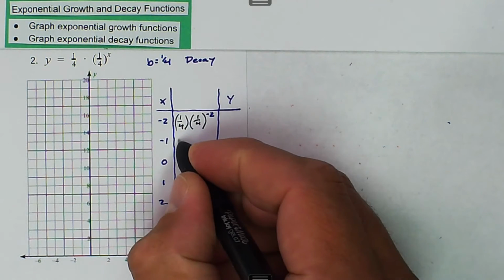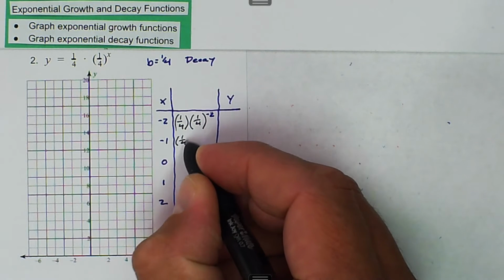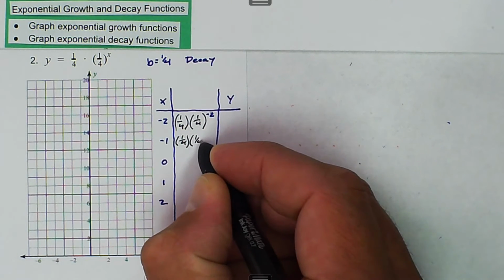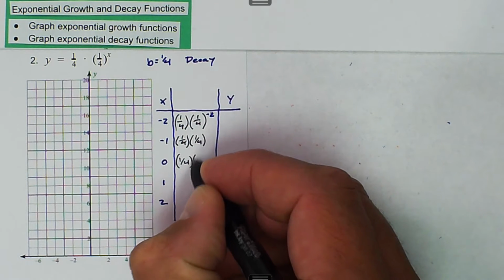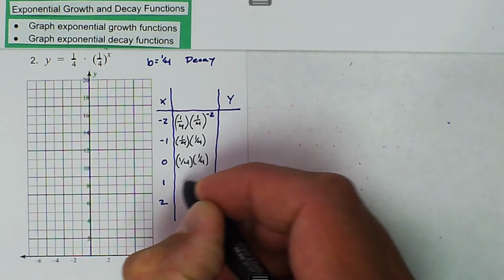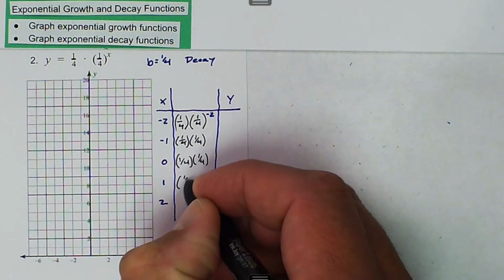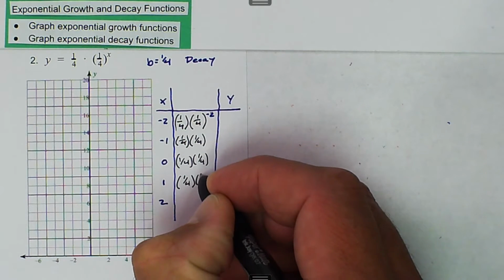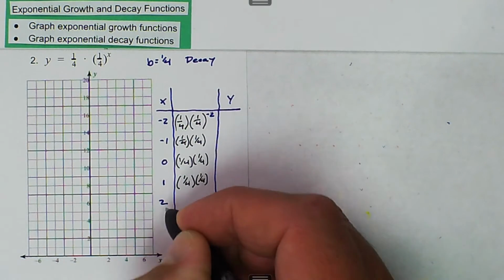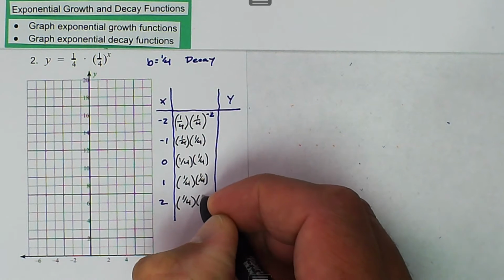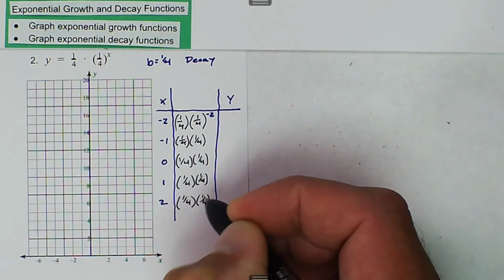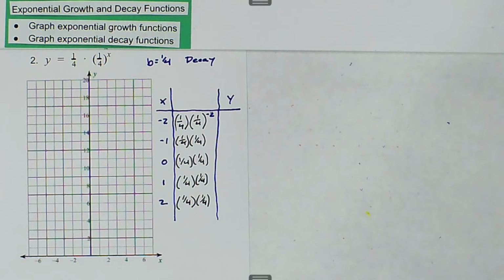But we're going to do that 5 times, so we're just setting that table up.